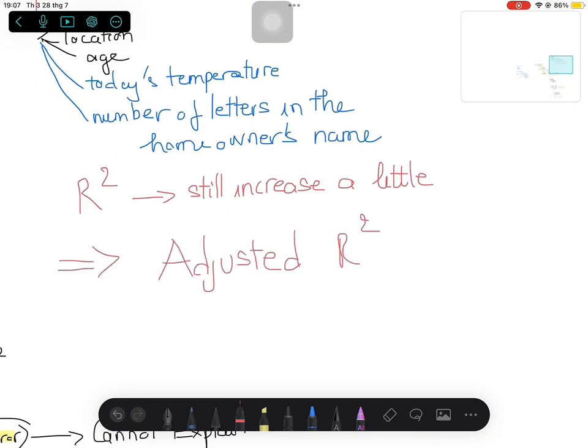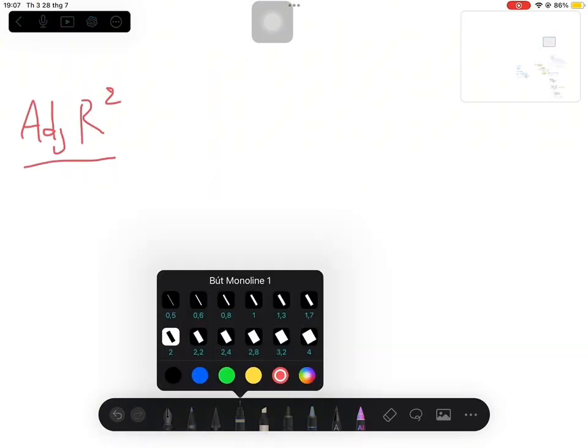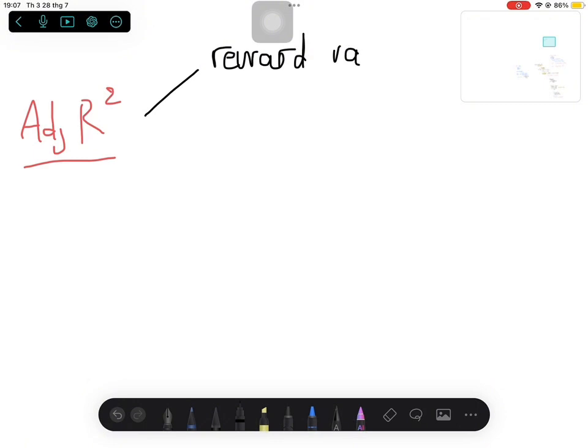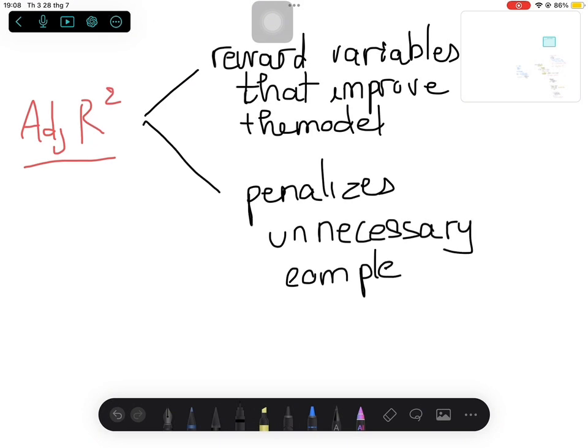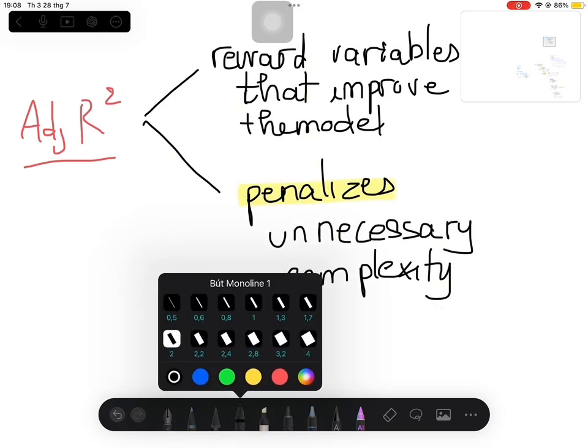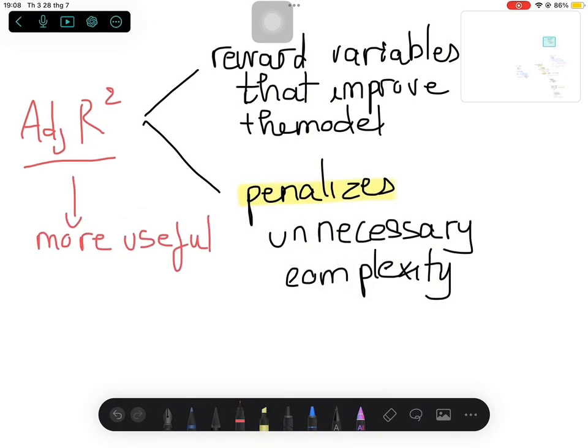That's why professionals often prefer adjusted R squared. Adjusted R squared rewards variables that genuinely improve the model, but it penalizes unnecessary complexity. In other words, it asks whether the additional variable earns its place. This makes adjusted R squared much more useful when comparing models with different numbers of independent variables.